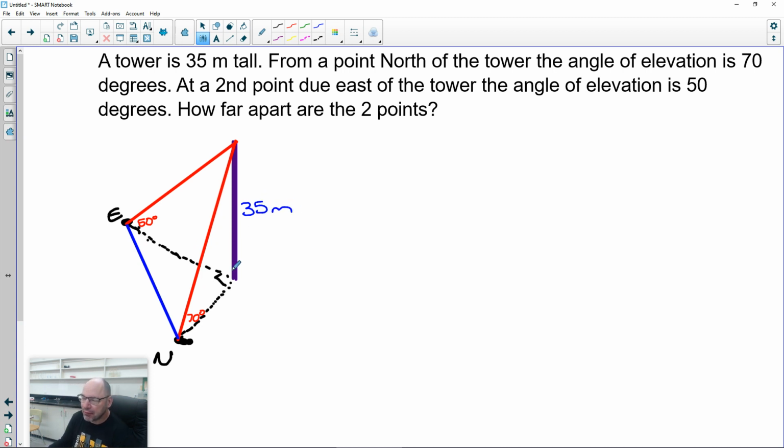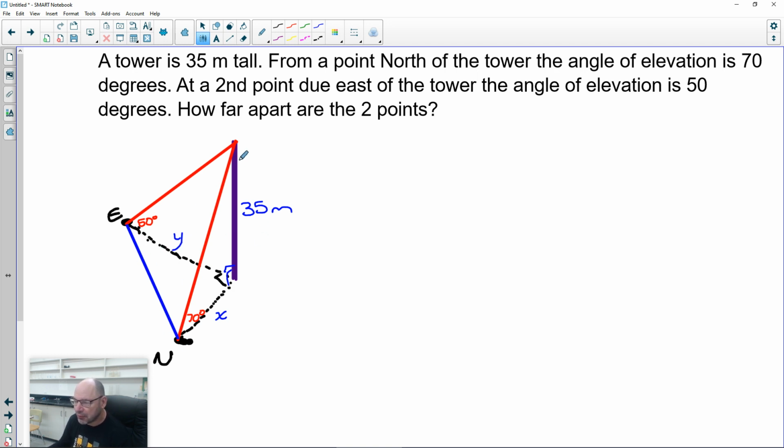Okay, so basically we want to find in this triangle here, this is a right triangle here with the tower, and so is this one right here with the tower. So we want to find this bottom side. Let's call it side X. And we want to find this side here, Y. And then we can use Pythagorean theorem to find the distance.